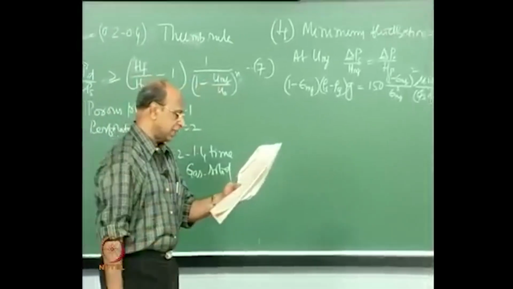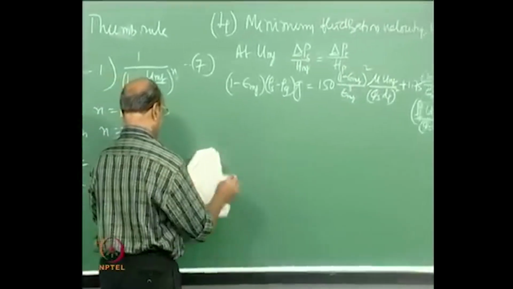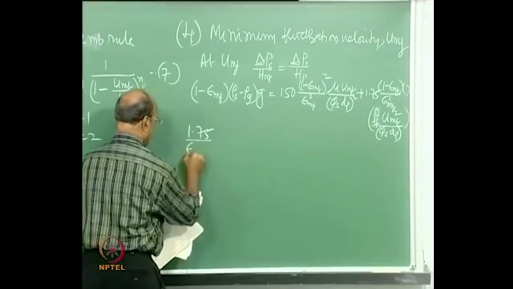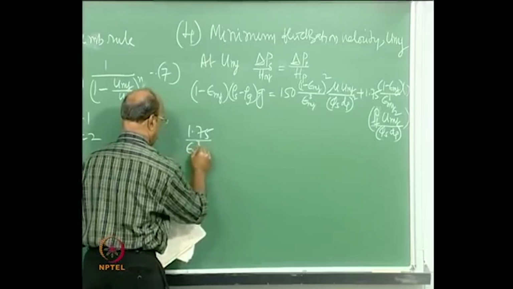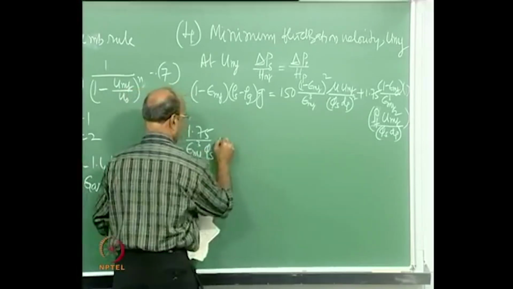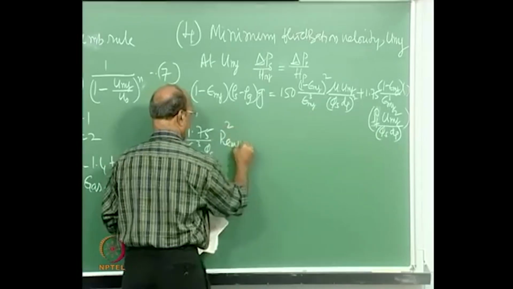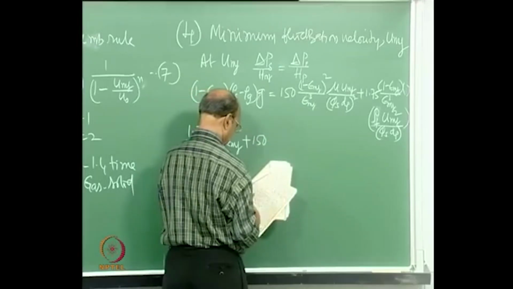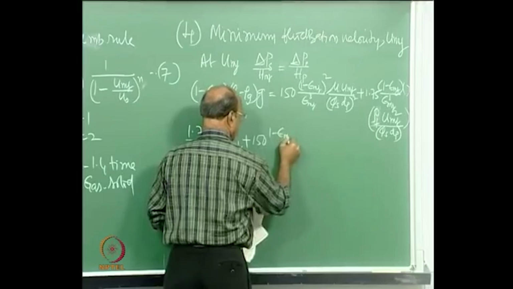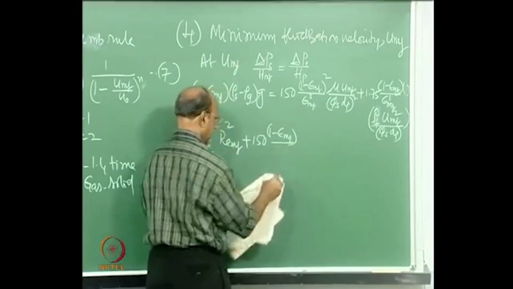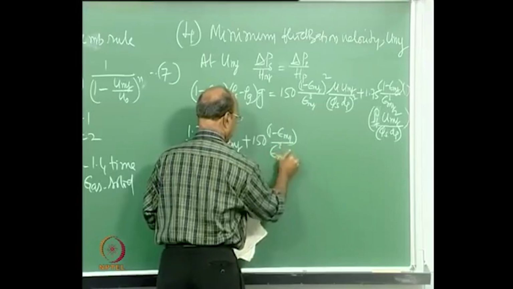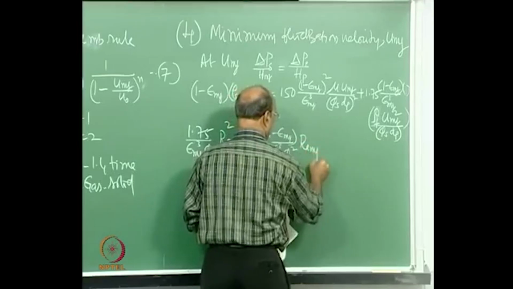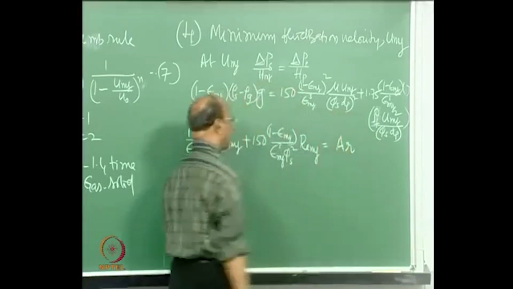When I rearrange this, what I get is a very nice equation: 1.75 over (epsilon MF cubed phi s) times REMF squared, plus 150 (1 minus epsilon MF) over (epsilon MF cubed phi s squared) times REMF, equal to the Archimedes number.